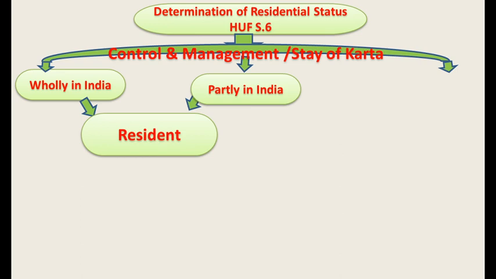If the control and management is wholly situated in India, the Hindu undivided family is considered a resident of India. The same applies when the control and management is partly situated in India and partly outside India. In this case also, the status of that Hindu undivided family shall be resident.